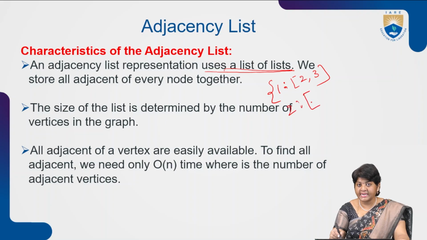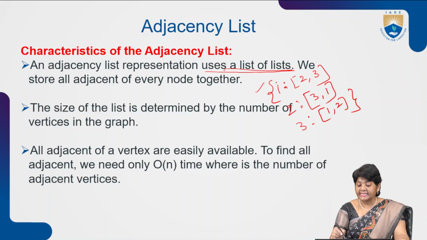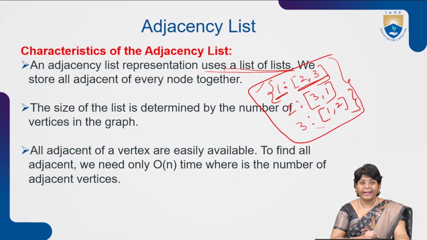Consider this an undirected graph: 2 is connected to 3, 1, and 3 is connected to 1, 2. So the statement is, an adjacency list representation uses a list of lists. Here a list is there, and within that list one more list is present. But as of now, we represented this in the form of a dictionary, having a key with corresponding values.